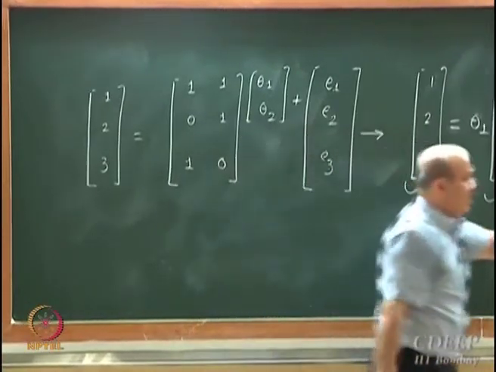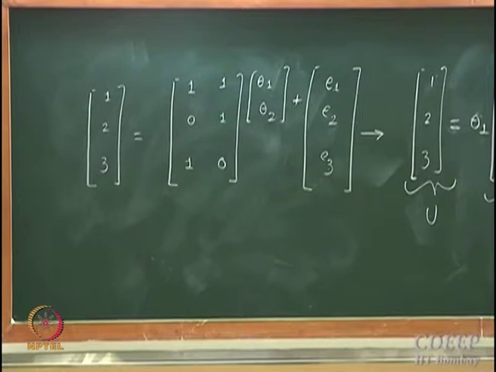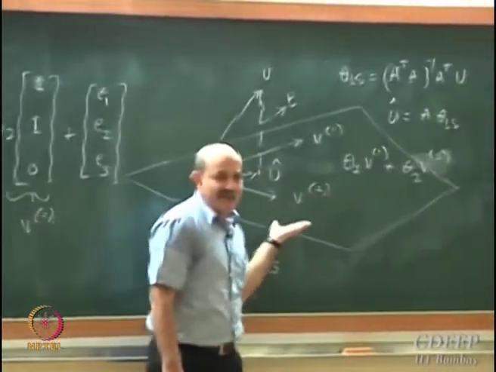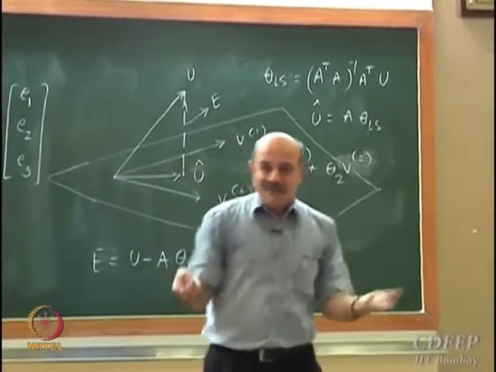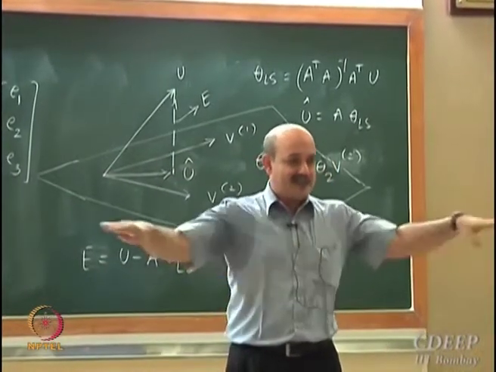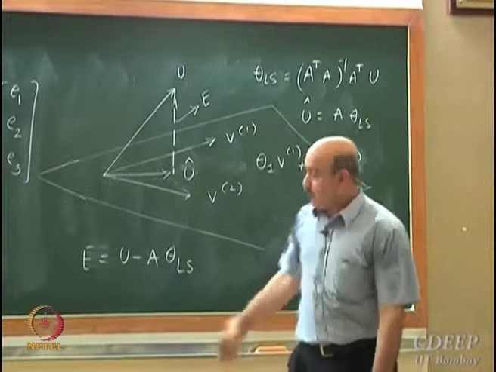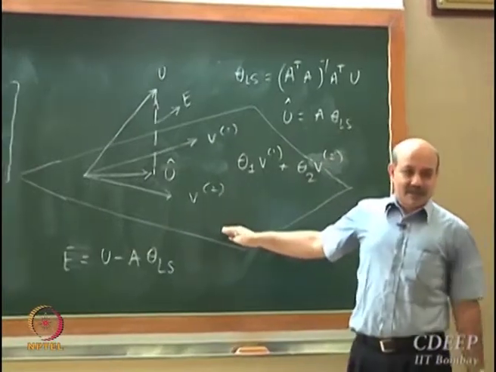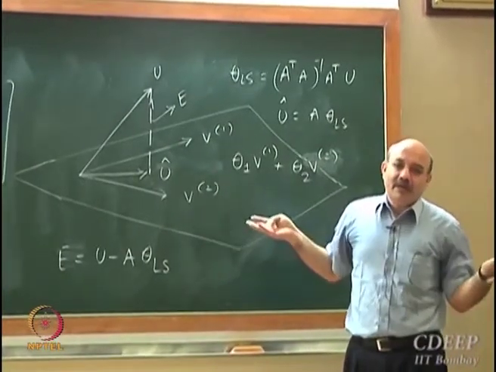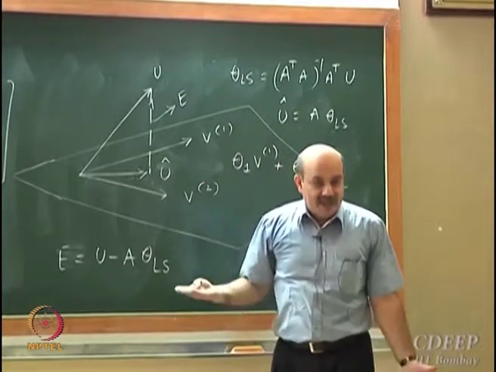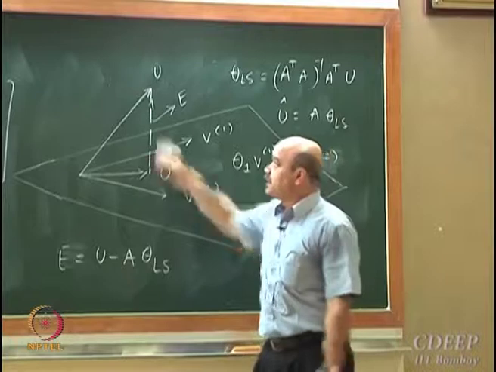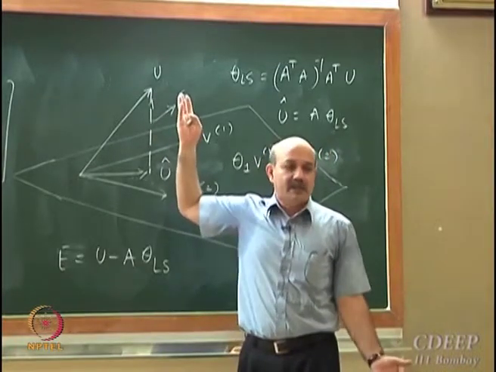It will look like a plane like this. If I were a creature in 10 dimensions, it would be possible for me to visualize a 9-dimensional plane, but we cannot. But it will look something like this, and what you are doing is just finding the point in the plane which is at a minimum distance from this point lying outside the plane.